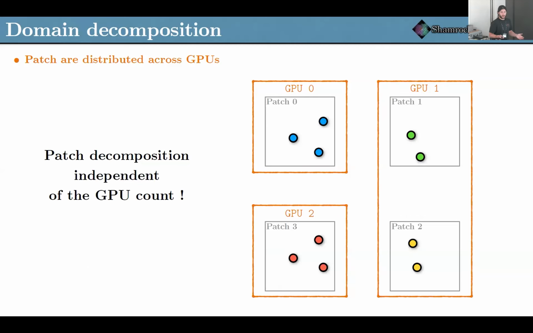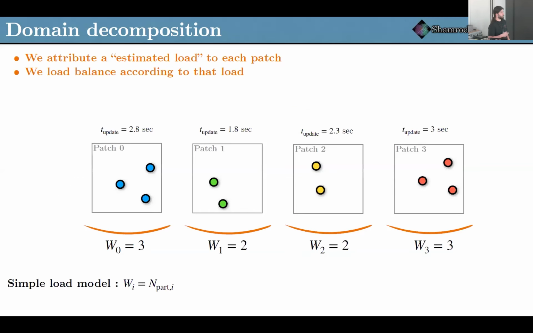Then, once we have our patches, we schedule them on the GPU. In order to do such scheduling, we need to do a bit of load balancing. Each of those patches will take a certain amount of time to be updated.